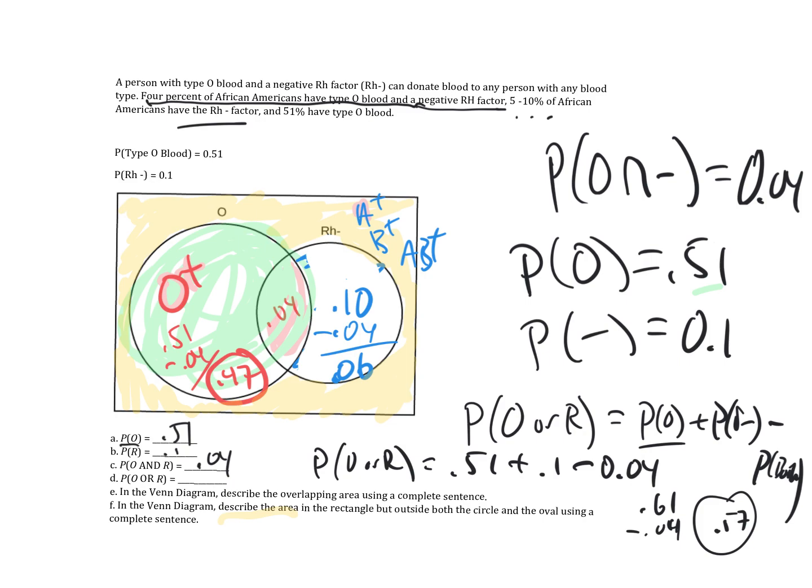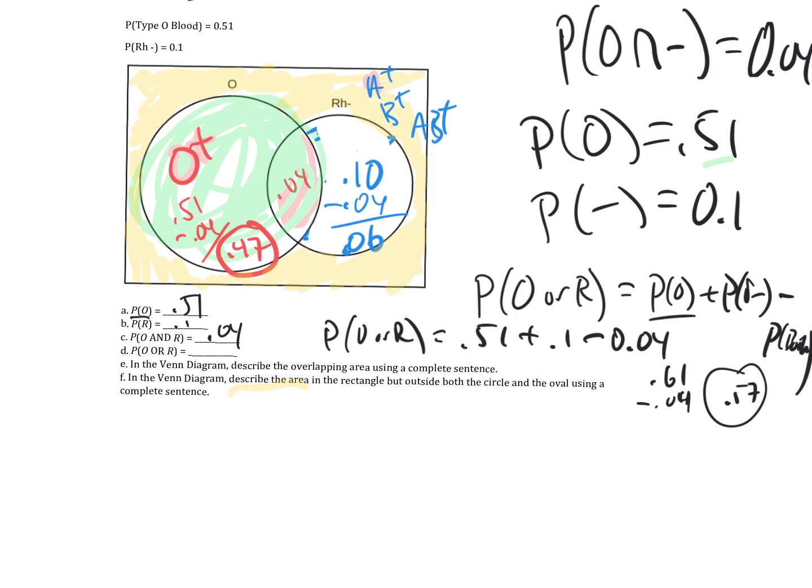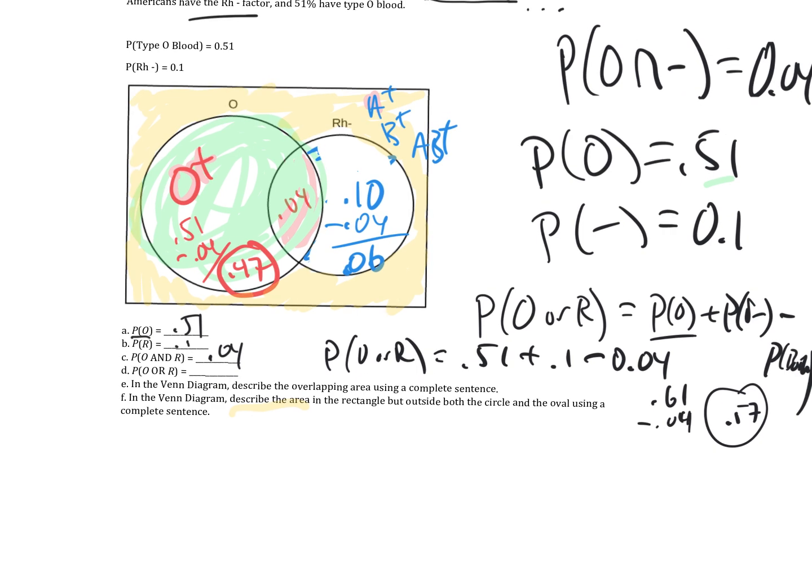That certainly works. Maybe I'll kick this down the road a little bit and talk about conditional probabilities. When we talk about conditional probabilities, what's the probability that somebody is O negative given that they're type O blood?